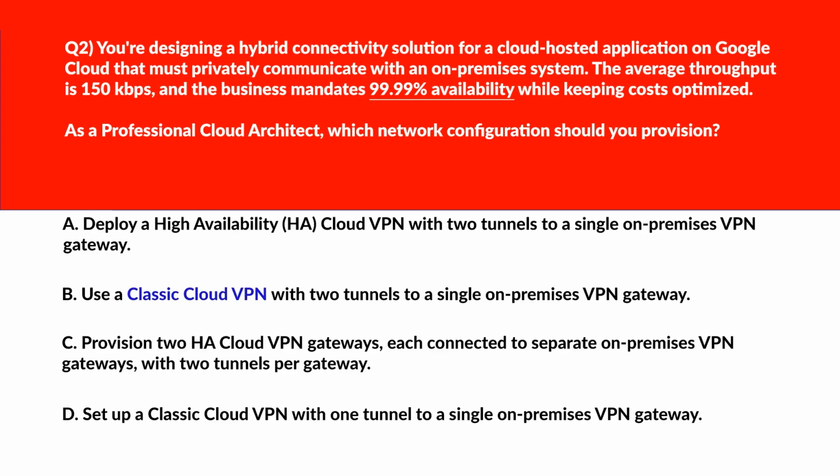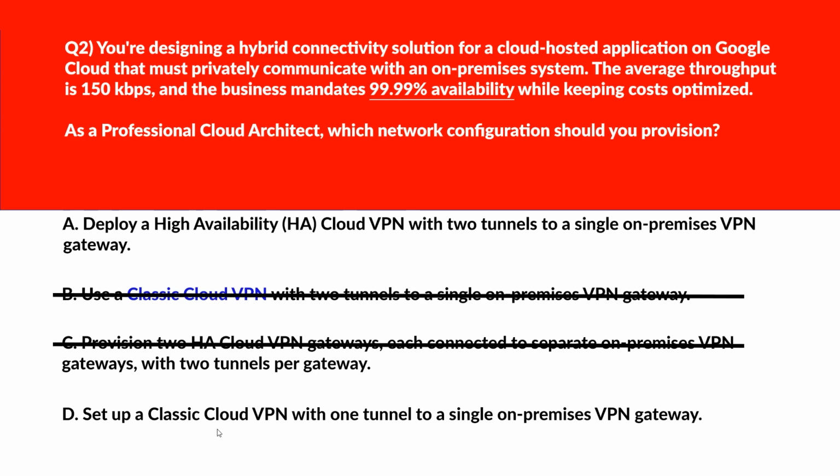Now let's move to option C. C says provision 2 high availability cloud VPN gateways, each connected to separate on-premises VPN gateways with 2 tunnels per gateway. This is overengineered for the use case, which will add cost without adding value for the low throughput. We don't want something like overkill, right? So this is out. We'll move now to option D.